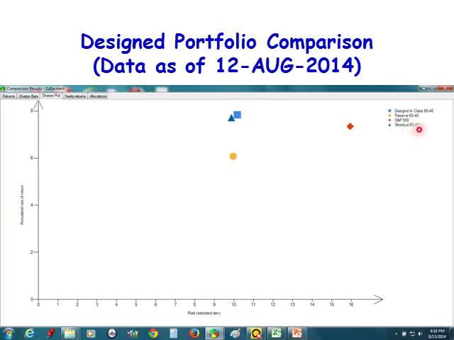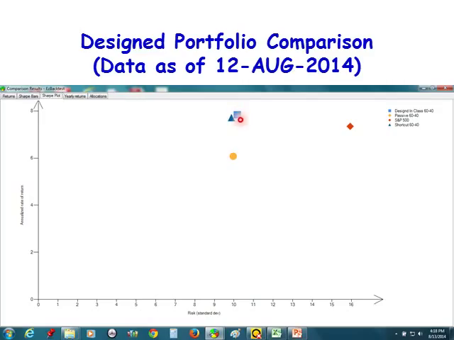And this is the shortcut portfolio. This is the one we built as a shortcut, which had an excessive allocation to international funds and a lesser allocation to the US funds, US stocks.